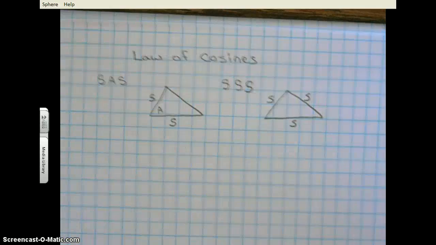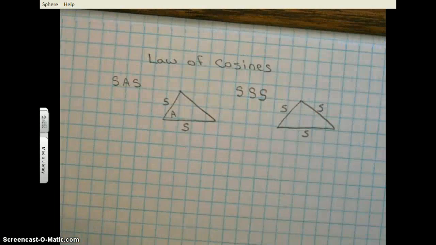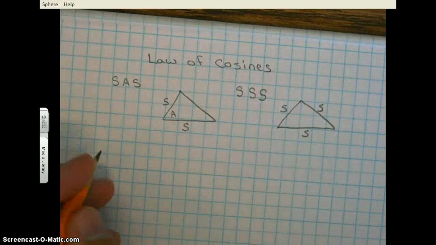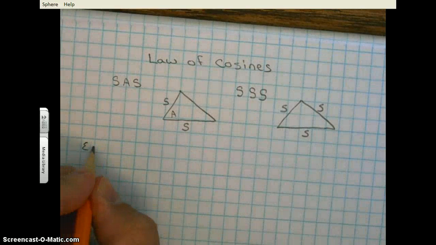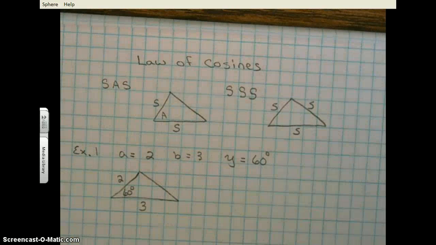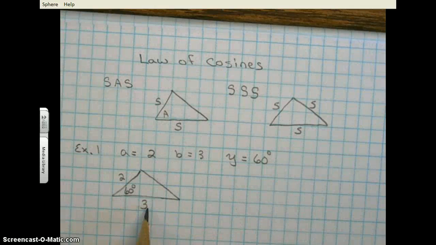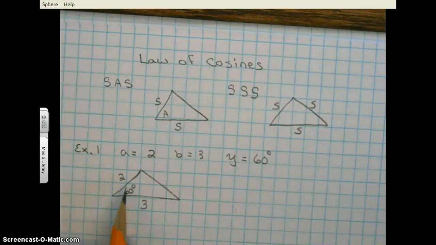Alright, so let's look at a couple examples here. First example, let's look at an example where we have side angle side. So what we want to do here is solve this triangle, which means we want to find all three sides and all three angles. Notice we are given side, angle, side.